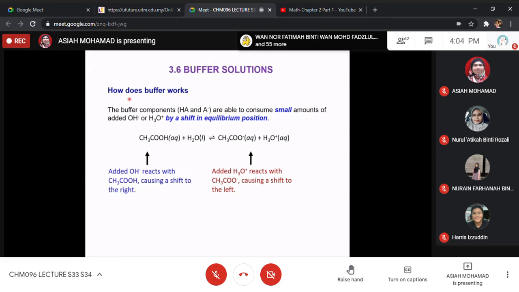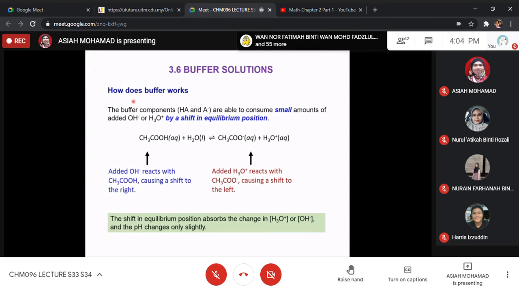Now let us look at how a buffer works. The buffer components, which consist of the acid represented by HA and its conjugate base, are able to consume small amounts of added hydroxide ion or hydronium ion by a shift in equilibrium position.